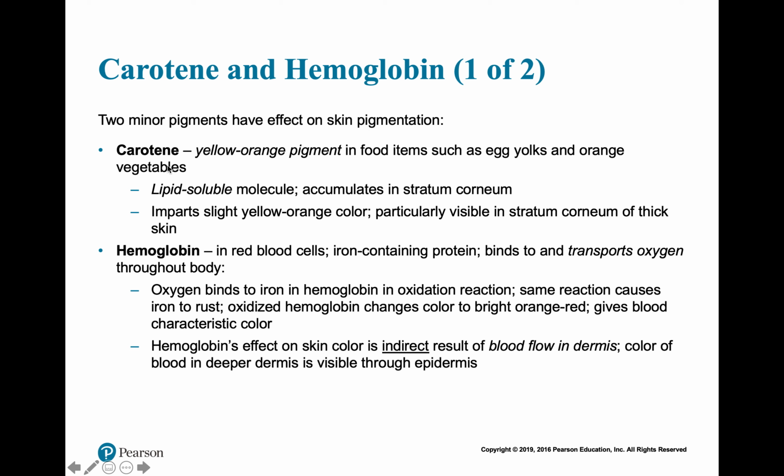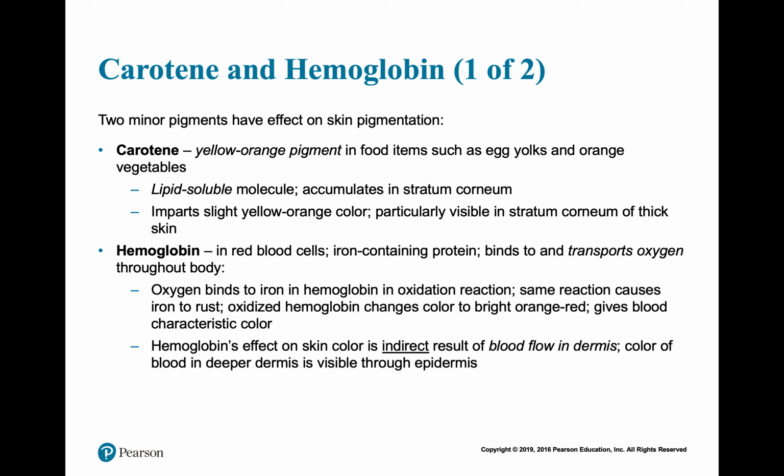And so if you eat nothing but carrots, that lipid-soluble pigment molecule will actually accumulate in the stratum corneum. And you should be able to somewhat understand why, because we talked about how keratinocytes secrete a lipid substance that coats those cells.